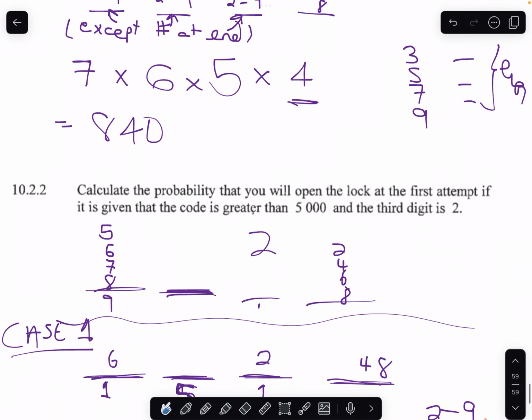So my logic would be the same for this question: the chances of me opening it at the first attempt, if this information is not given to me, then it doesn't affect the probability of me getting it right. There's still 840 possibilities in my head.